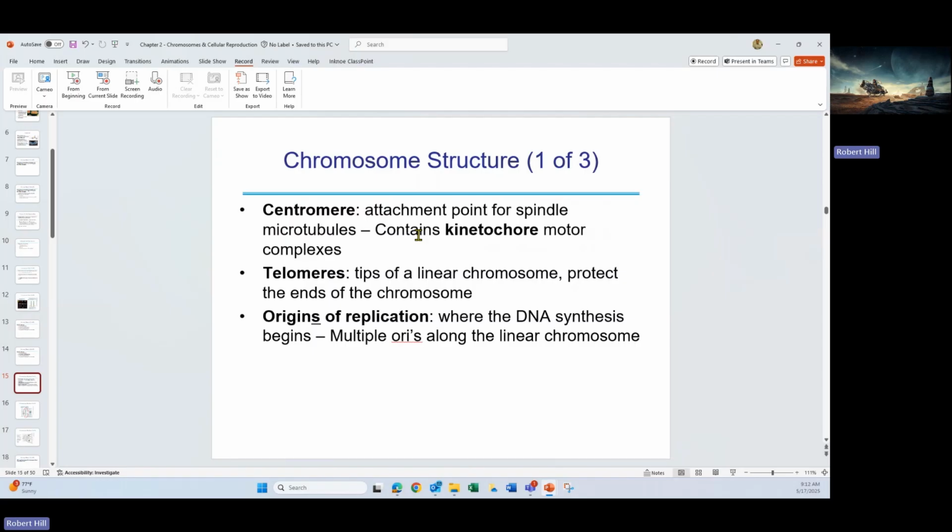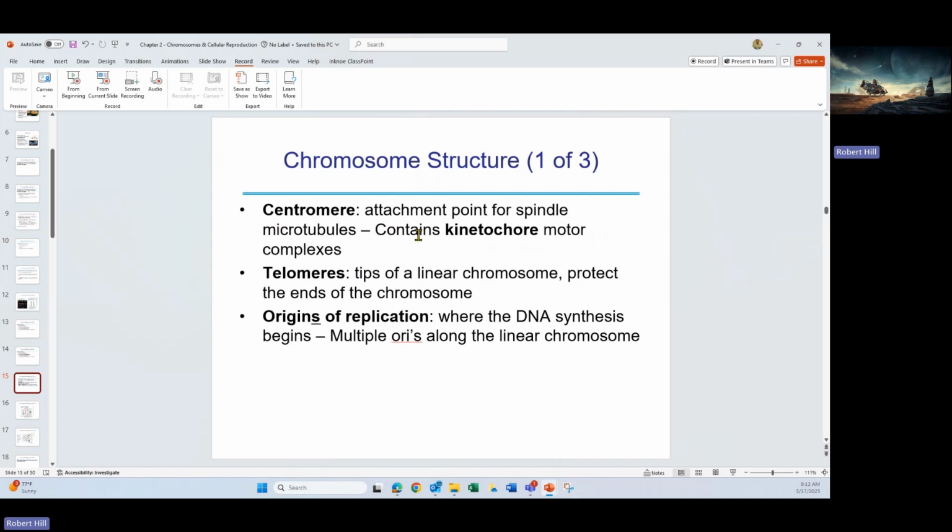And so you have these protecting sequences, and there's enzymes that work with them to kind of replenish the telomeres. But this is something that's implicated in aging. As our cells divide over and over again, chromosomes actually get shorter, and that's been linked to aging.